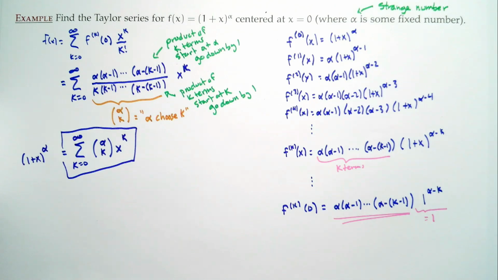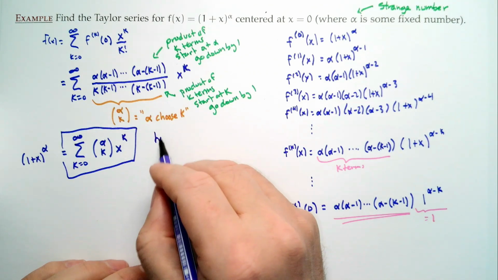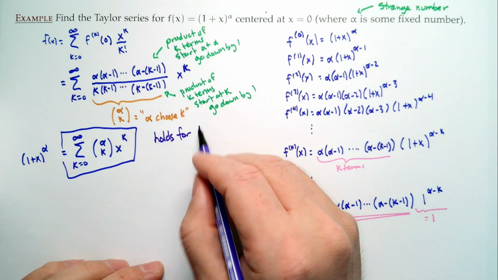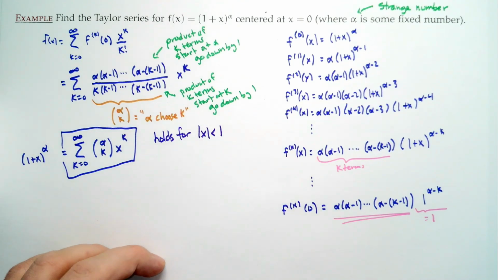Now, there are some things that you might want to ask. When is this true? We'll just note this holds, and we'll skip the details for now. But it always holds, definitely, if the absolute value of x is less than 1. For any alpha, this is always true. Now, for some alpha, it holds even better. So we should do a couple of checks to see if this is consistent with what we've done before.